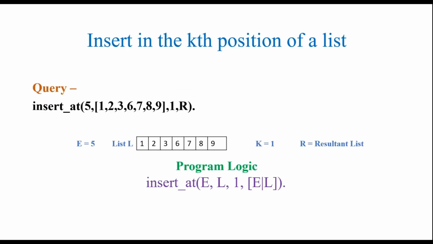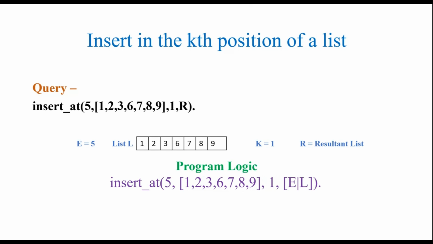Here, once we observe the base case, as the K value is given as 1, we replace all the variables with the given input. So the first parameter becomes 5, the second parameter is the list, and the third parameter matches with the value given in the query and the value given in the program logic. Once these two values are equal, only then will this particular case be satisfied and the base condition be executed.